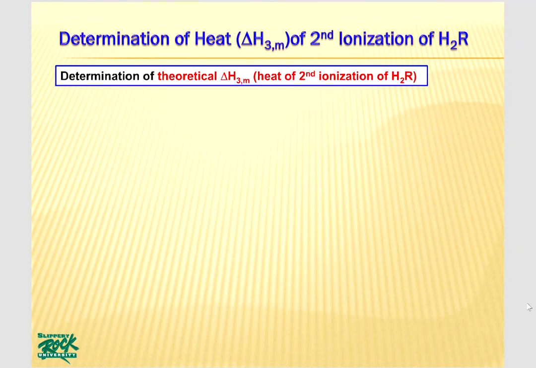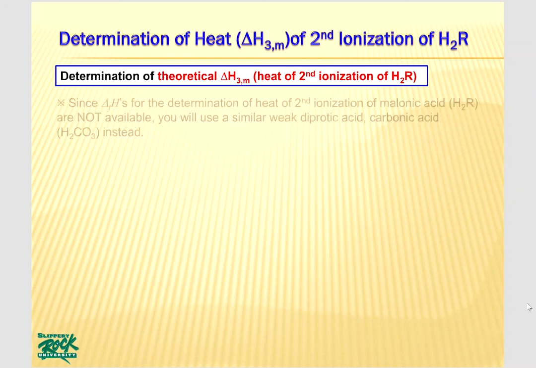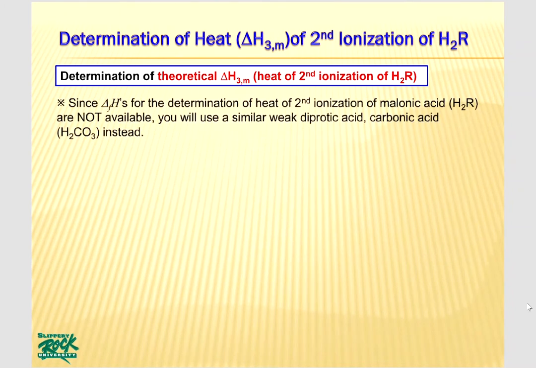Determination of the theoretical heat of second ionization of malonic acid is a little tricky, since the formation enthalpy of malonic acid is not available in the literature. You are not able to determine the theoretical heat of second ionization of malonic acid. Instead, you will use a similar weak diprotic acid, which is carbonic acid.